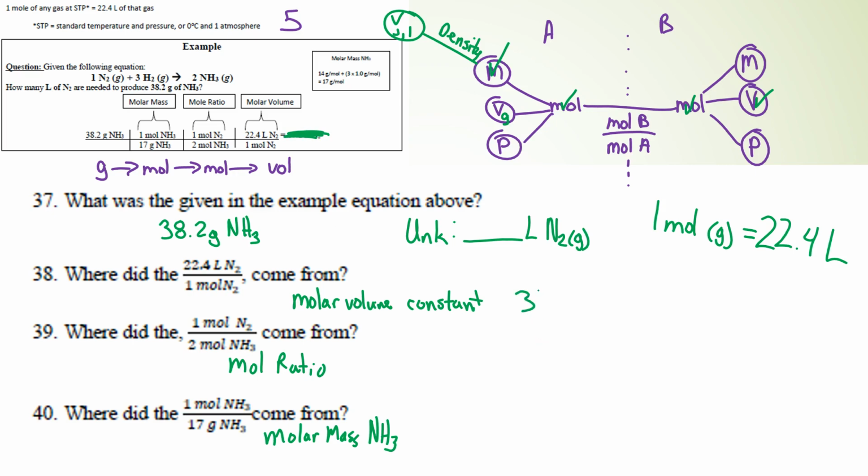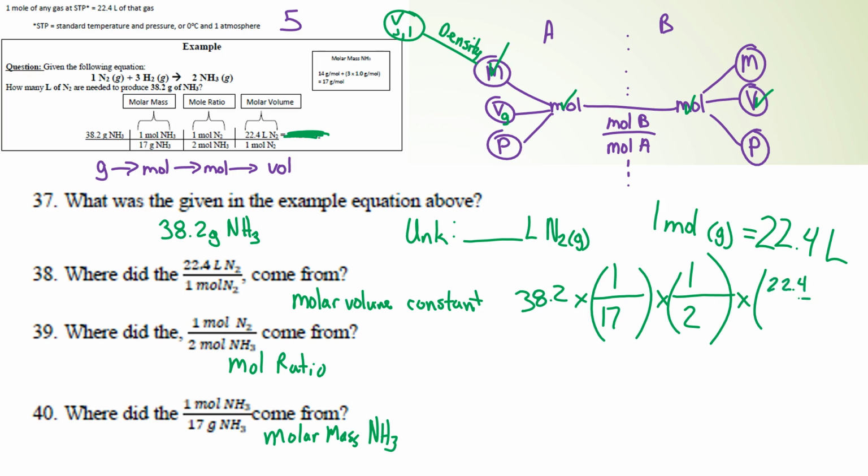So we're starting with 38.2, and then I have 1 over 17, and then 1 over 2, and 22.4 over 1. When we do this calculation, what should our answer be?